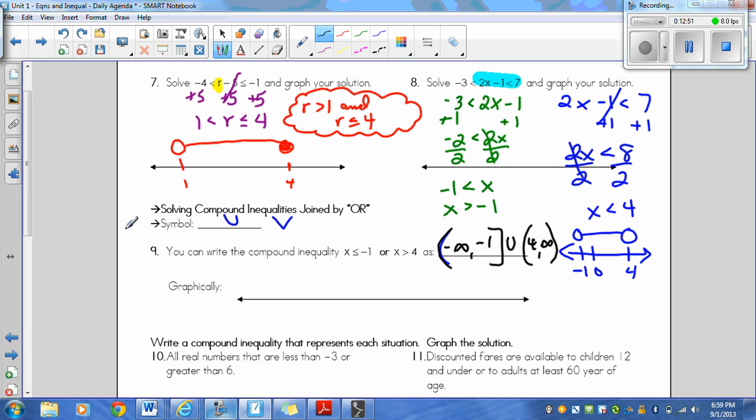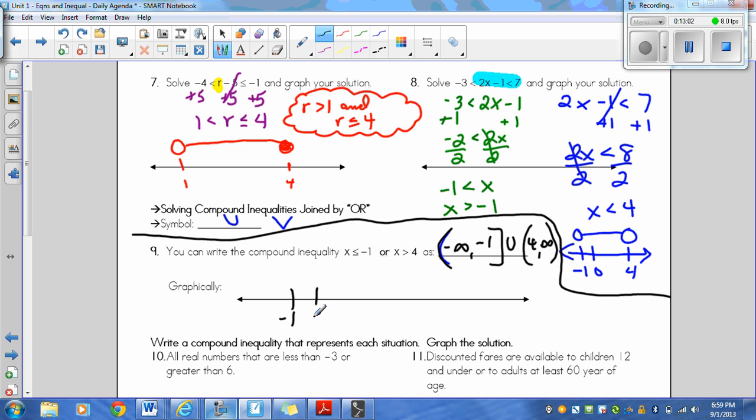And so that is how we could write an or statement. And what that would look like graphically is we are going from negative 1, which is a closed circle. We're going down to negative infinity.